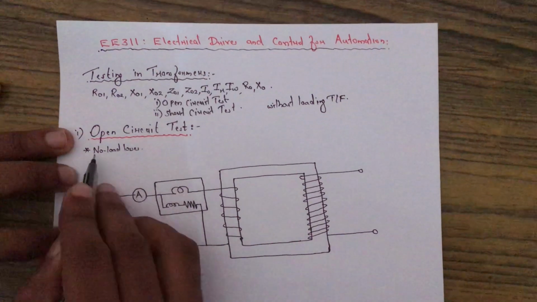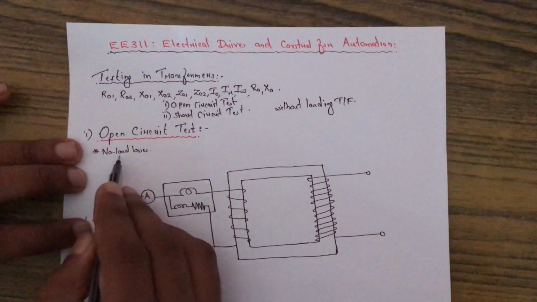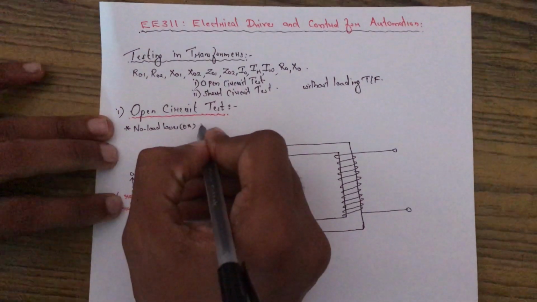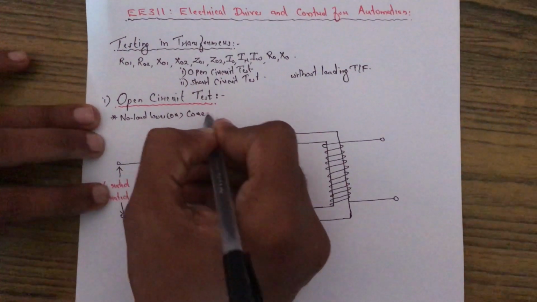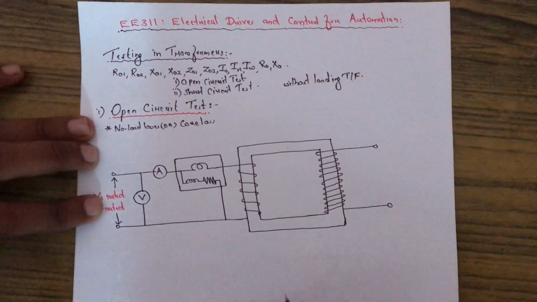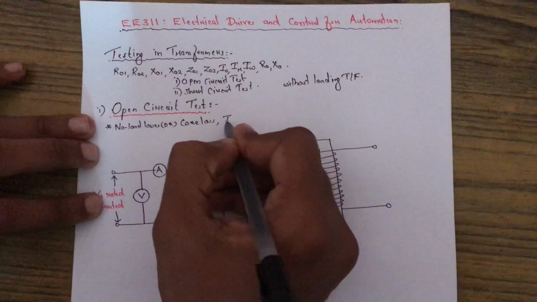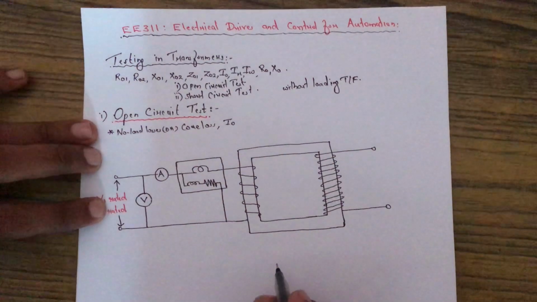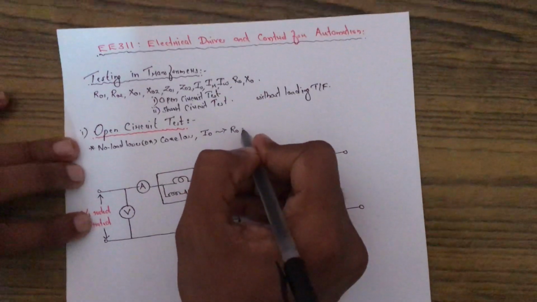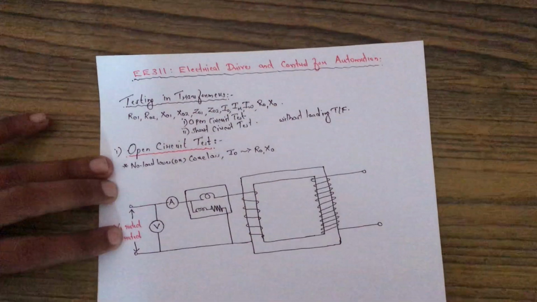So the main objective is to determine the no load losses, which can also be called core loss. The next objective is to find the no load current component I0, and thereby we can find the value of R0 and X0.